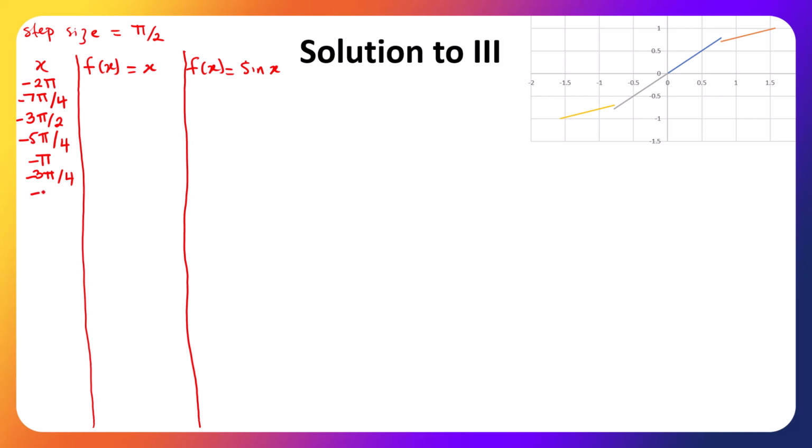Then we have minus pi over 2, then we have minus pi over 4, then we have 0, then we have pi over 4, we have pi over 2, we have 3 pi over 4, we have pi, we have 5 pi over 4, we have 3 pi over 2.